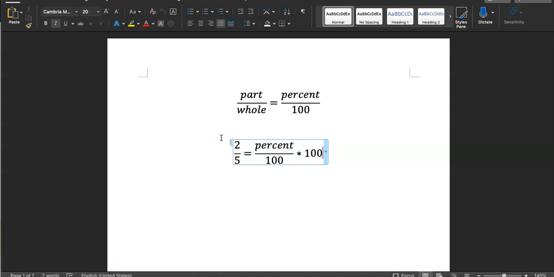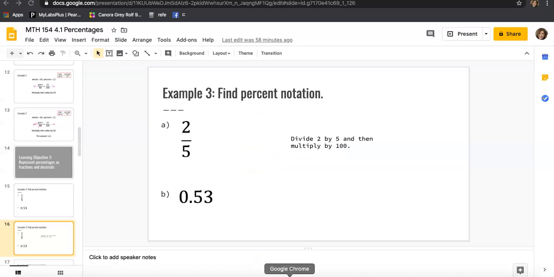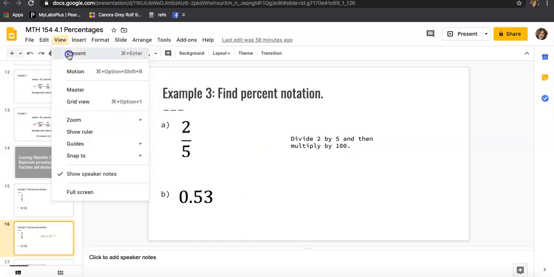Multiply by 100 on the left side and multiply the right side by 100. So if you do that, the hundreds will cancel out and the percent is simply going to be 100 times 2 over 5. So just divide 2 by 5 and multiply by 100. That will work.